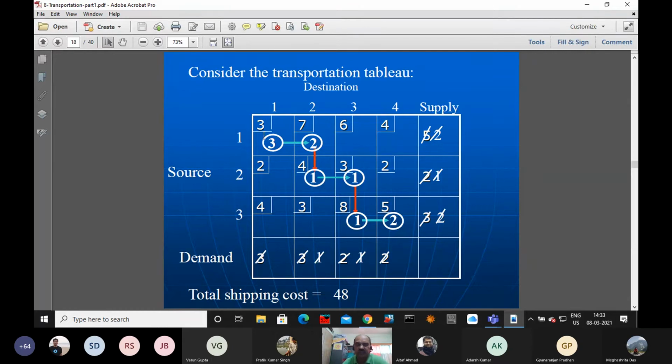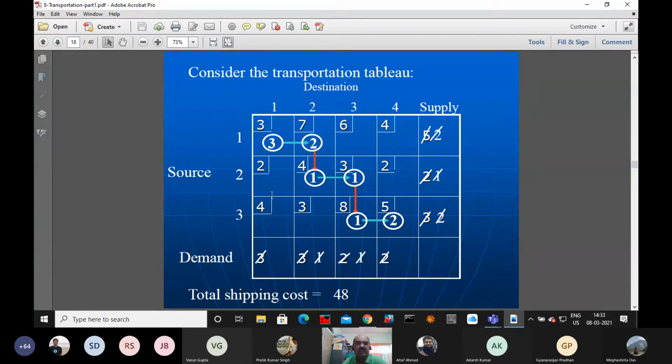As you see, the cost coefficients in the first row are 3, 7, 6, and 4, and this 5 is the supply.